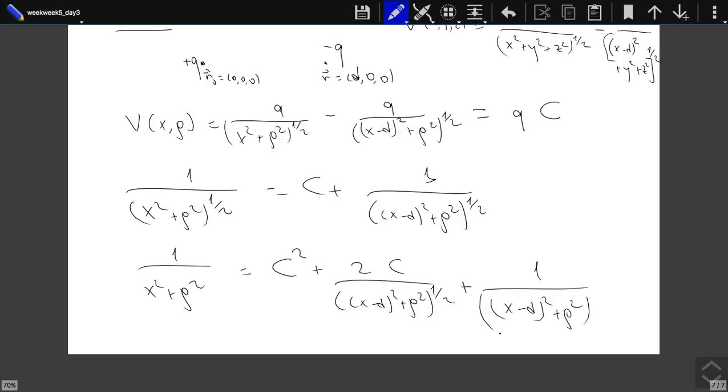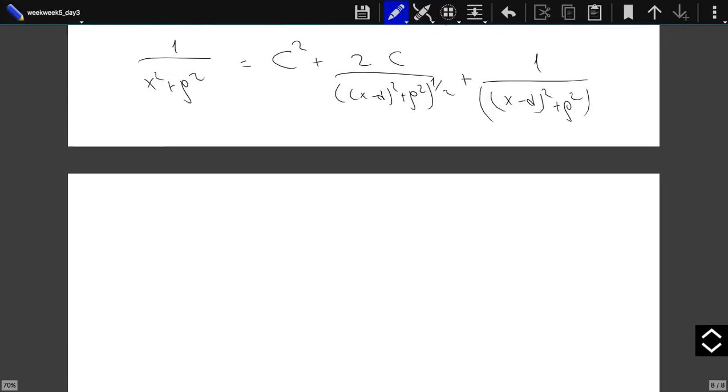I just want to find the relation between x and rho. I want to get rid of these. Well, I have this relation already over here, but I'm just trying to convert it to a form that is simpler to interpret. So I just want to get rid of those square roots and see what I have.